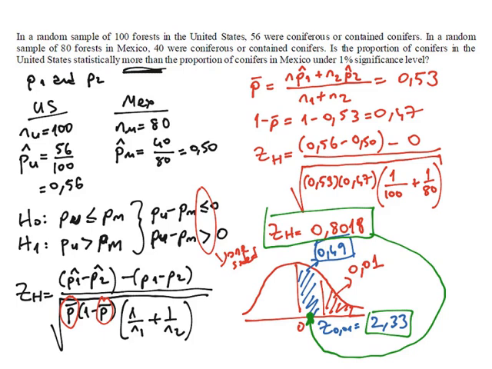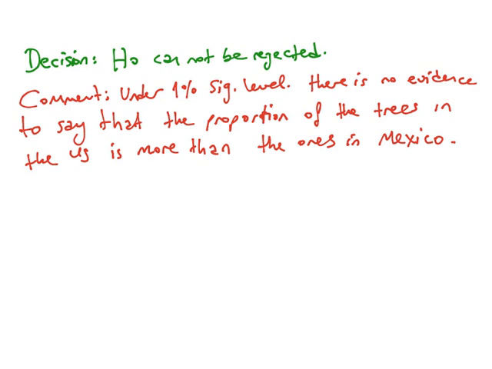So which means I cannot reject the hypothesis, so we cannot say this. Okay, so there is no evidence to say that it is more than the other. So the question is done.